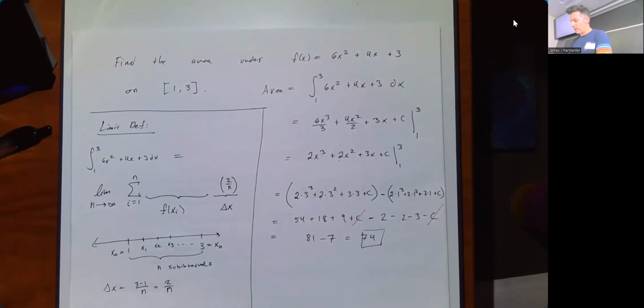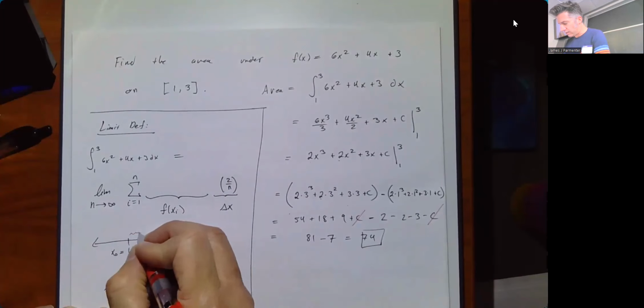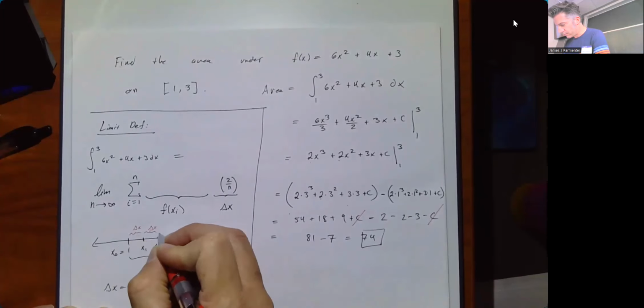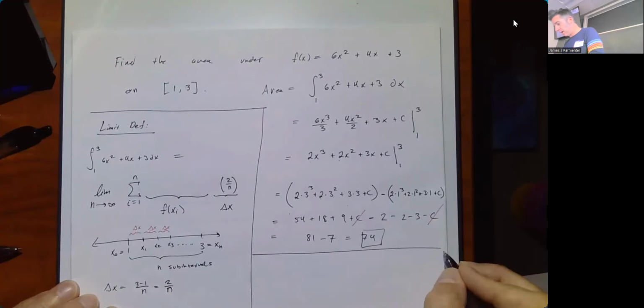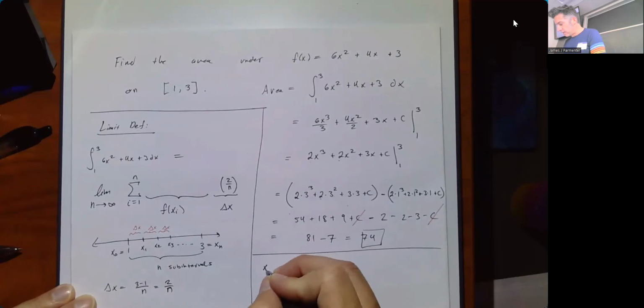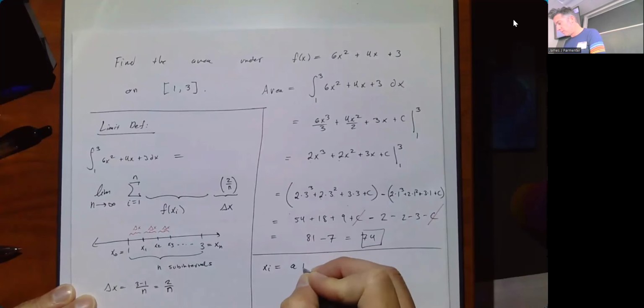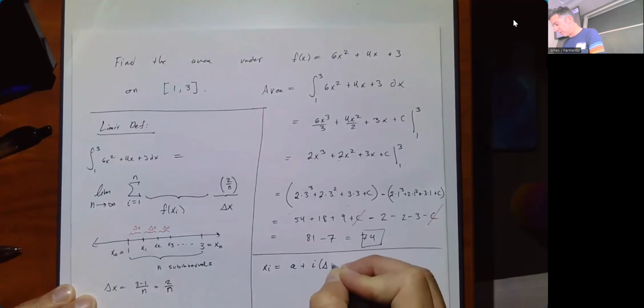And each time to find the next one, you're just adding on what delta x is equal to. I do this every time to make sure that people are understanding what's happening here, but you don't have to show this work when you're doing this at home. You can just memorize, if you want, the fact that x sub i is equal to a plus i times delta x.